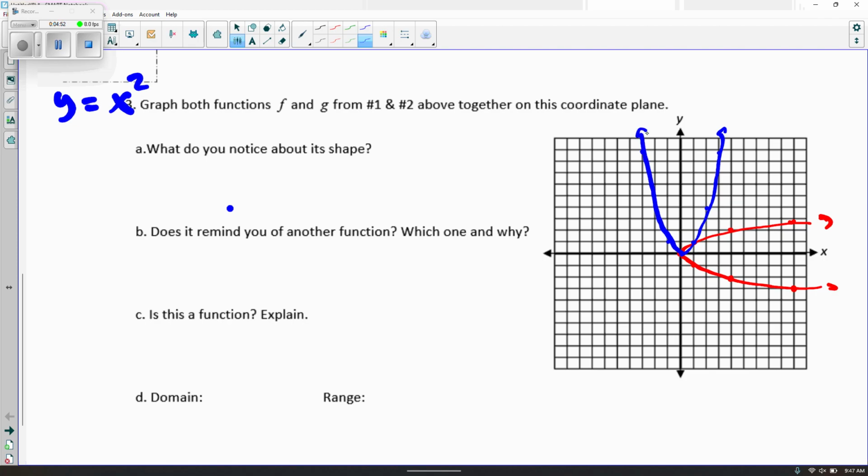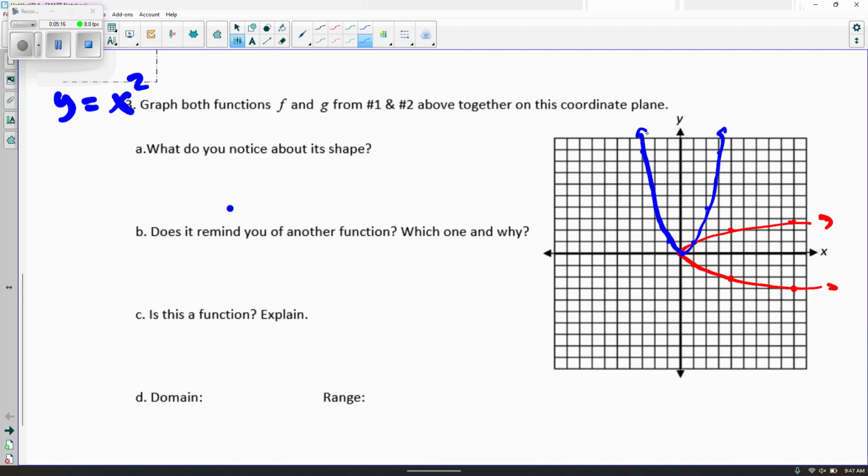Can anybody tell me what happened from the blue one to the red one? It rotated. Yeah, it did rotate, but what values changed, I should say? Probably a better question. Not so much the graph. Beautiful that you did see that it was a rotation.